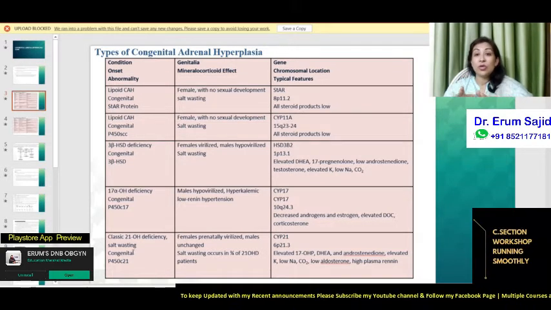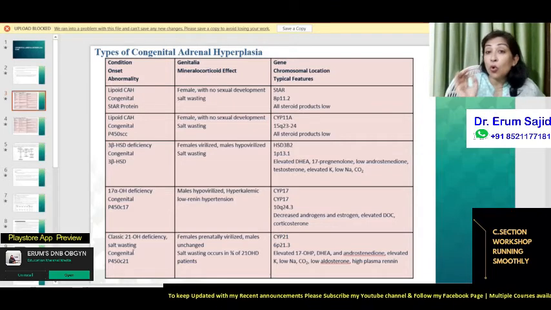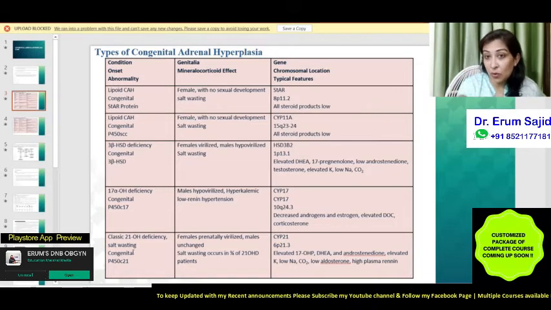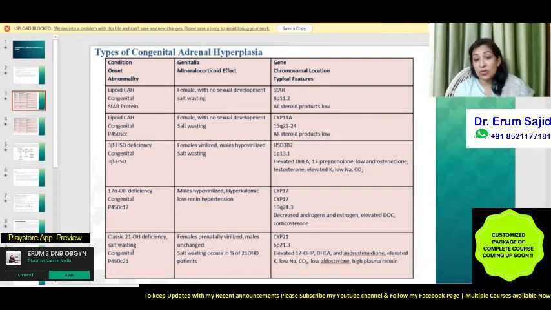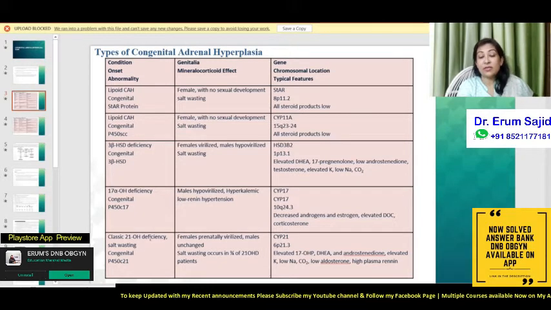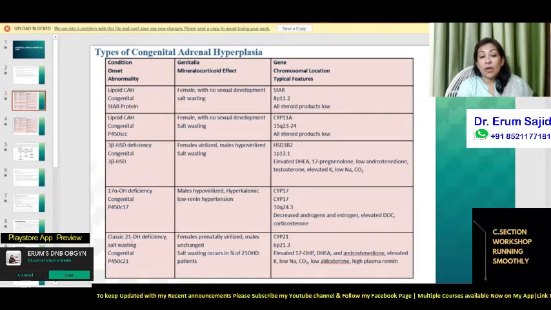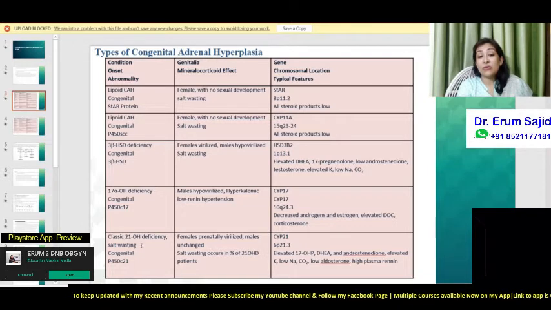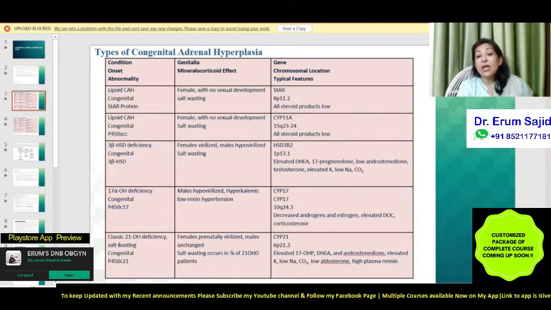Let them handle the situation, because if suppose she has the deficiency of classic 21 alpha hydroxylase, and if it's a salt wasting, see the last one where my cursor is, right now, if at all there is this kind of classic 21 alpha hydroxylase deficiency along with salt wasting, she or that baby is in crisis.